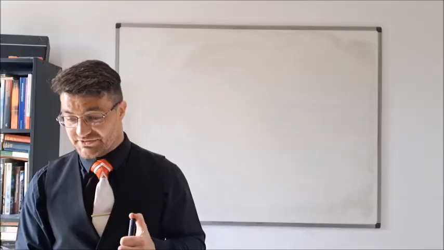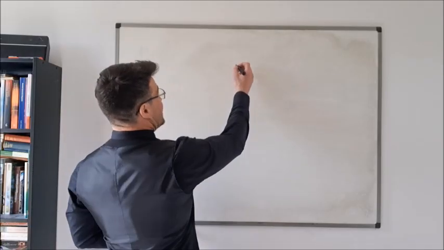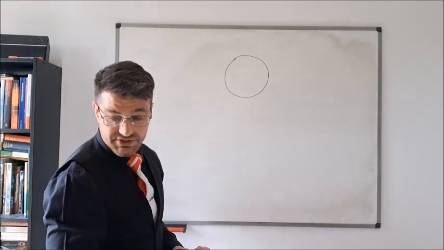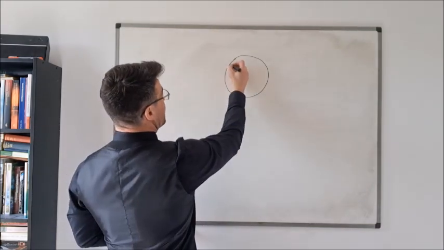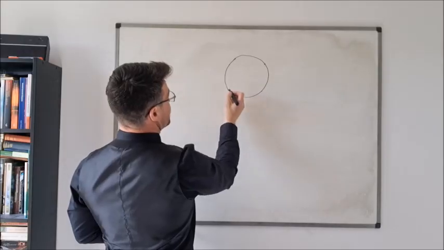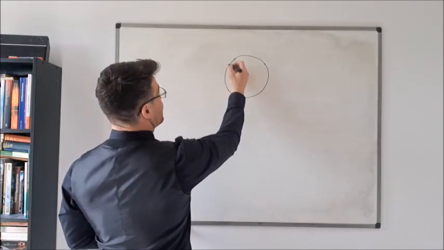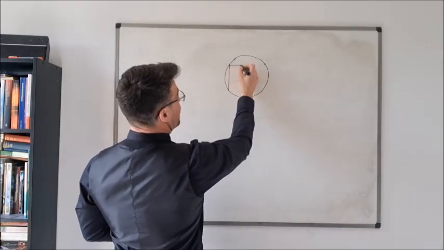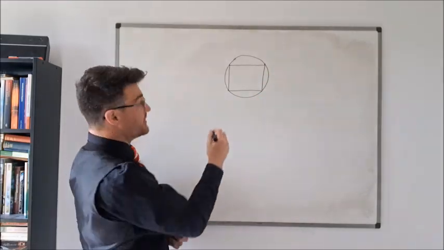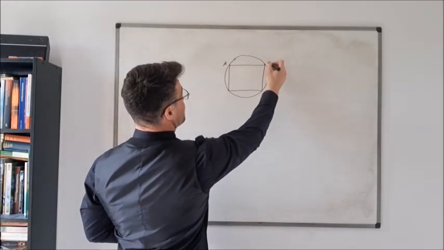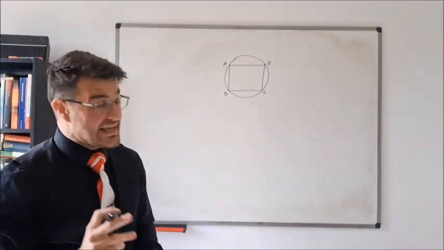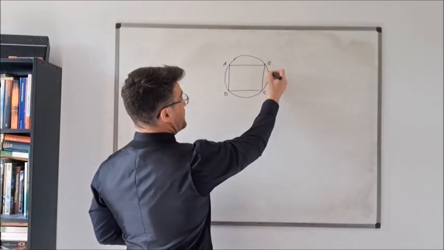So the problem is as follows. If square ABCD is inscribed in a circle, so I need to make sure that I get this right, because I've got my notes here that I may need to refer to, and I need this to be consistent with my notes. So I've put A, B, C, D, and a point P is on the arc BC, so P might be here.